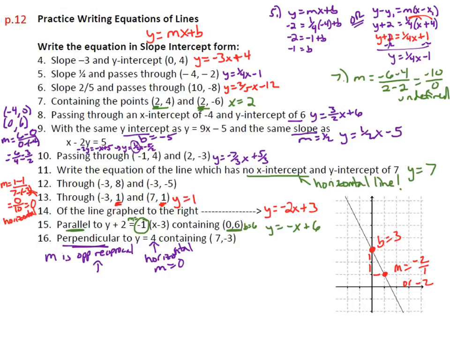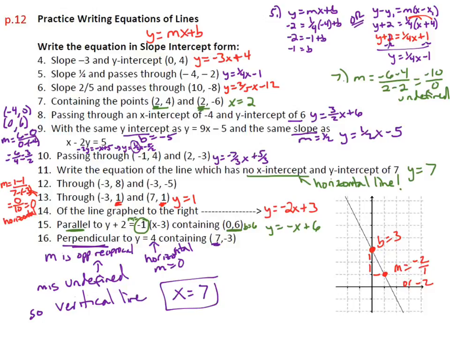So the opposite reciprocal is going to be undefined. Let's say slope is undefined. So anytime it's undefined, we have a vertical line, which means we're going to have an equation in the form of x equals. Our x value in this particular case is 7, so our equation is x equals 7.